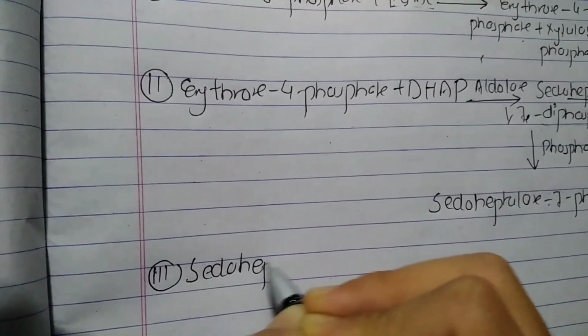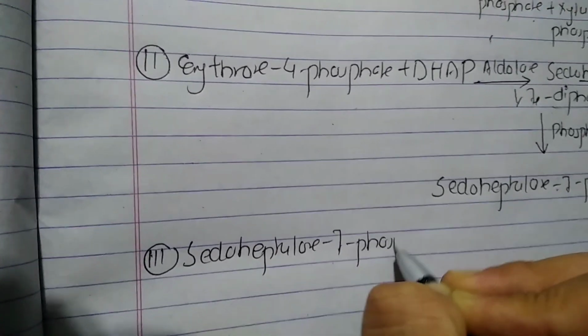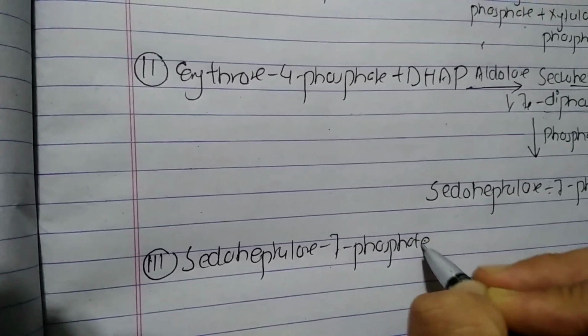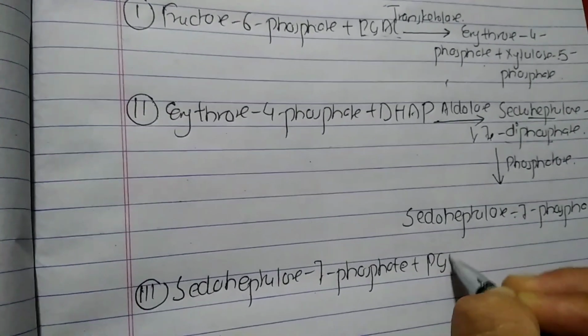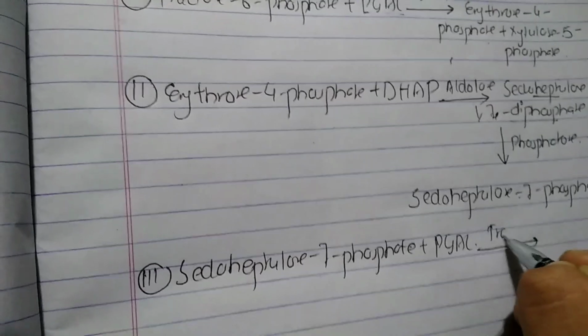This sedoheptulose 7 phosphate reacts with your phosphoric acid aldehyde in the presence of the enzyme transketolase.